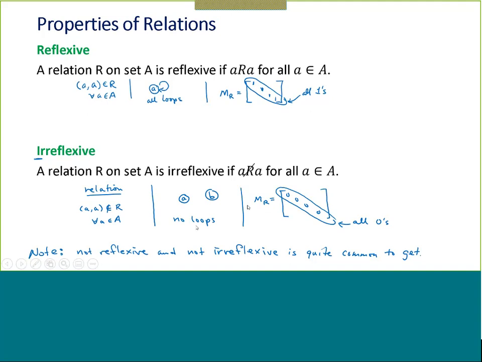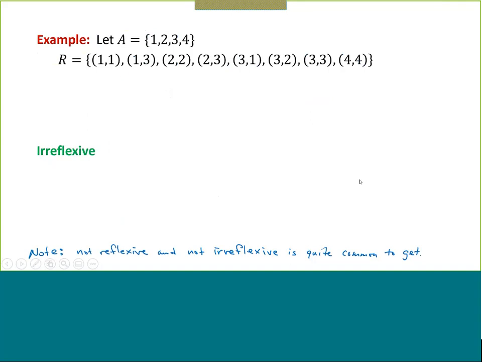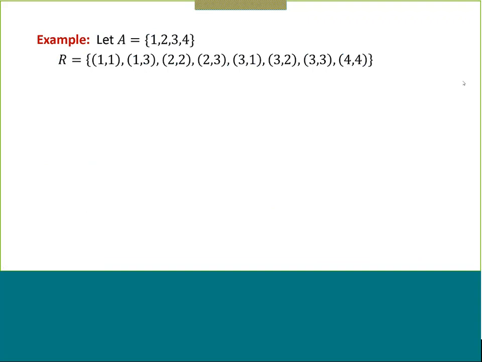Okay. So let's look at an example. An example that I've got here is this guy, which is, suppose you have the building set of the integers 1 through 4. And I went ahead and just wrote out the ordered pairs right here of 1,1, 1,3, 2,2, 2,3, 3,1, 3,2, 3,3, and 4,4. So if we looked at both the properties of reflexive and irreflexive, what do you think? Is this relationship reflexive? Let's start with reflexive.